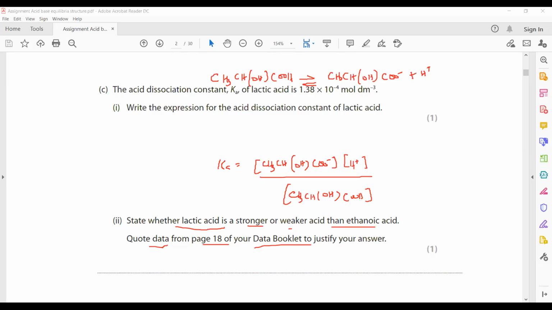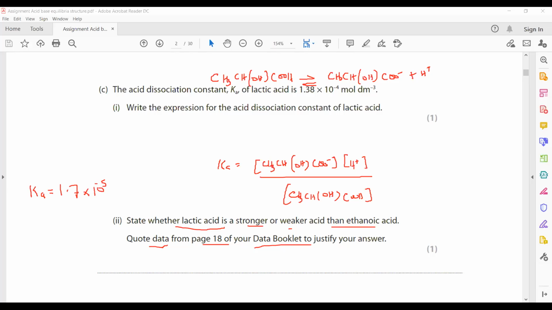So what you will do using the data booklet, you will check the dissociation constant Ka. When you check the Ka for ethanoic acid using our data booklet, it is 1.7 × 10^-5.